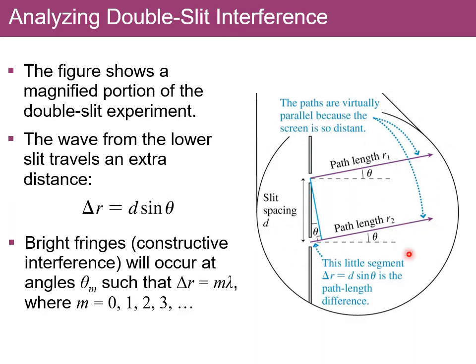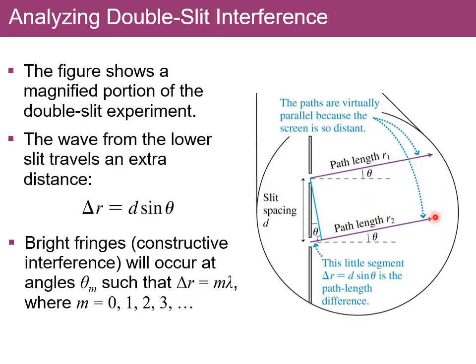Here we see the circled area from before magnified to a great enough level that we can see the two slits. Note that both rays passing through the slits are effectively parallel.